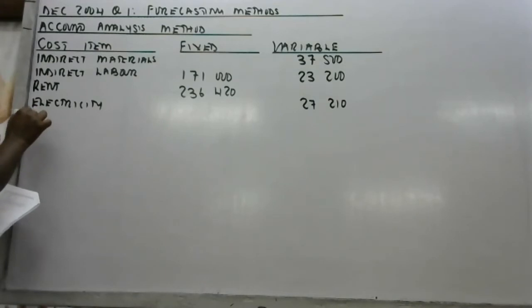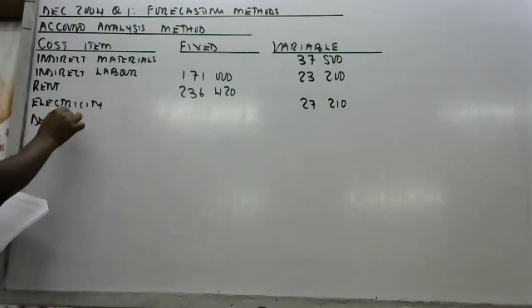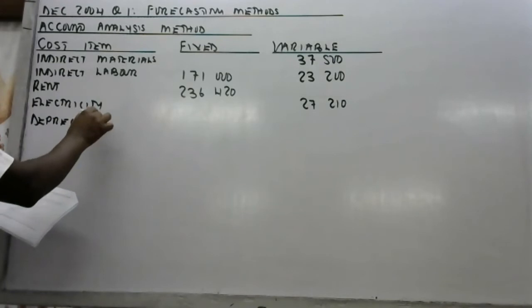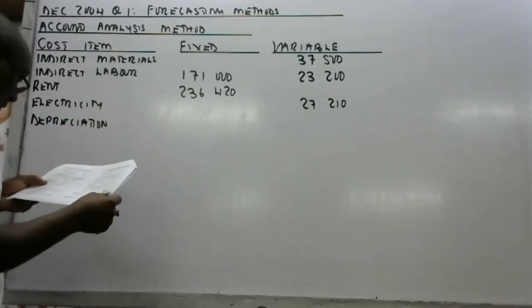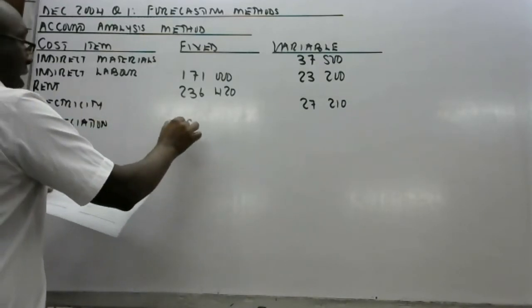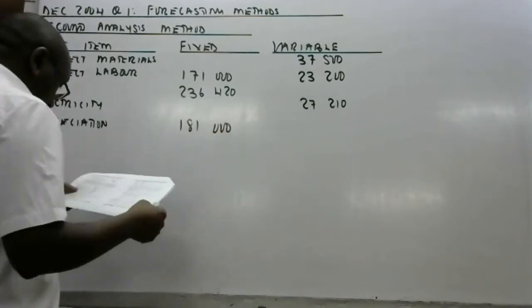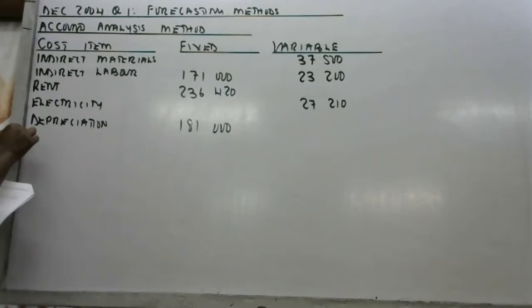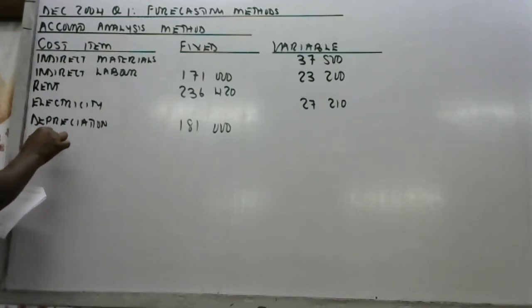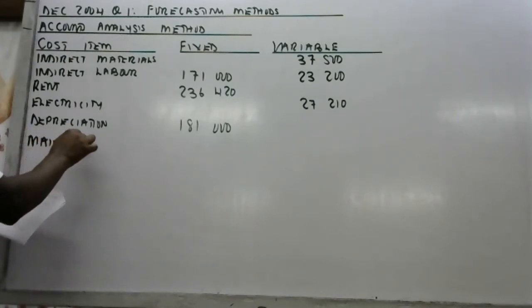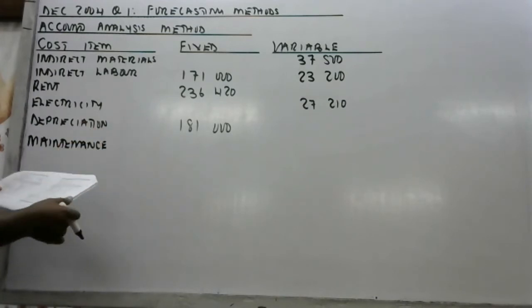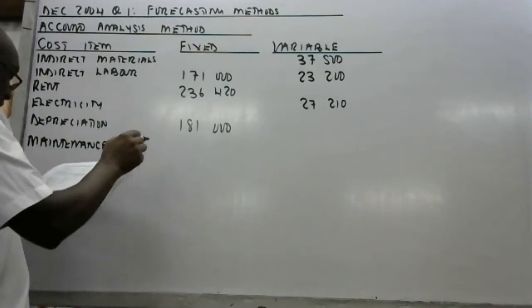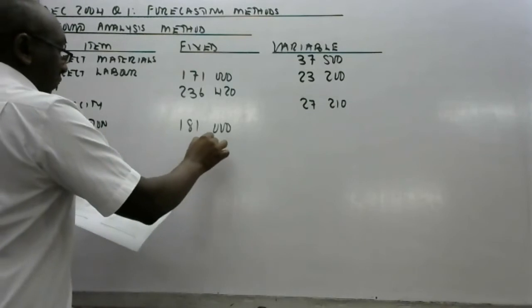Depreciation, that one we know it is supposed to be fixed, and that is also what the examiner is saying. 181,000. Then we have maintenance. Maintenance, we also know it should be fixed. But the examiner tells us 8,500 is fixed.